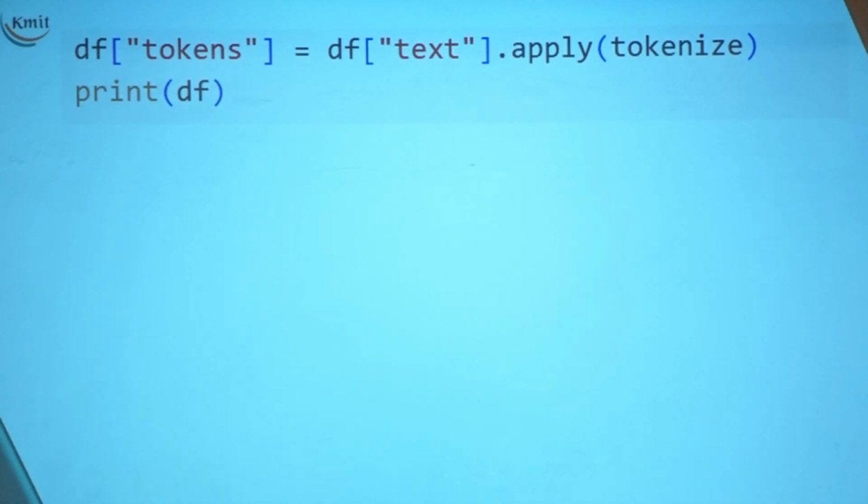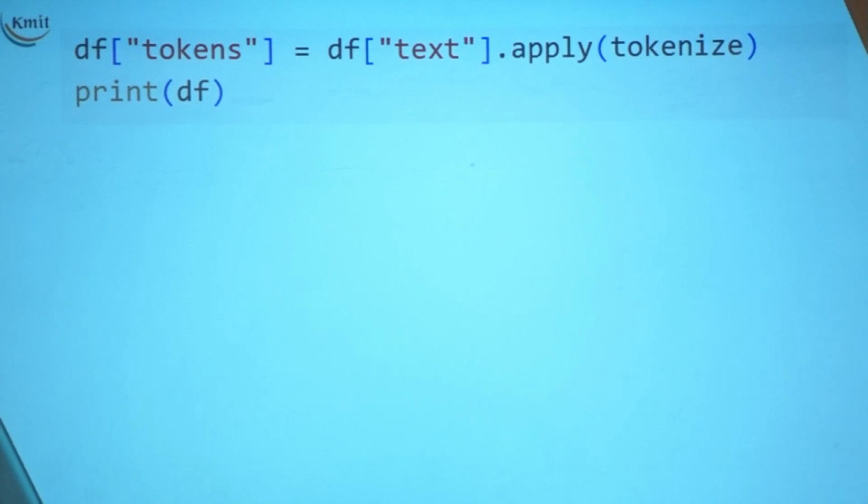Remember? So now to this df text, I will use dot apply. What am I going to apply? Tokenize, that I have just now created. So to my data frame, which till now had only one column of text data, I am applying tokenize. Where is it getting stored? So now what is happening? My data frame will now have two columns.